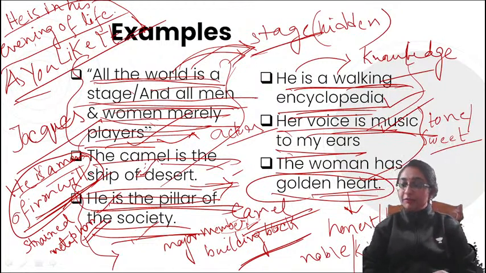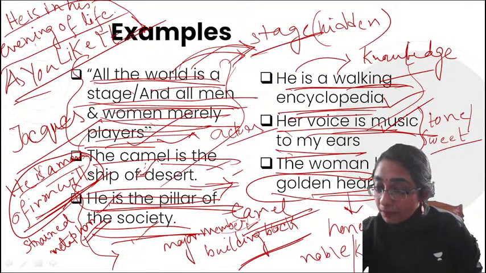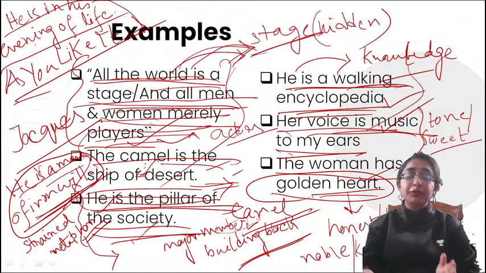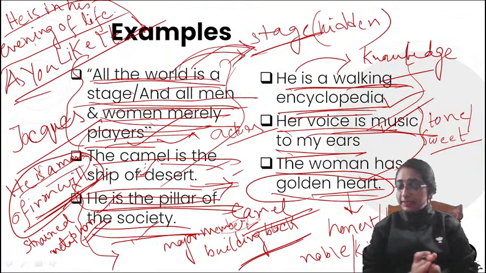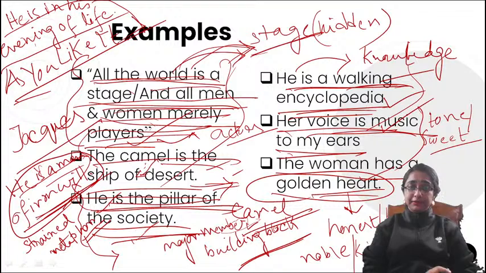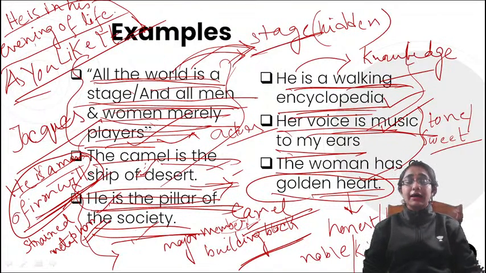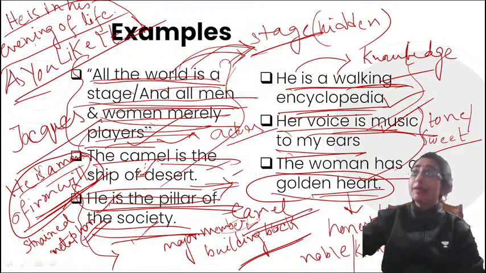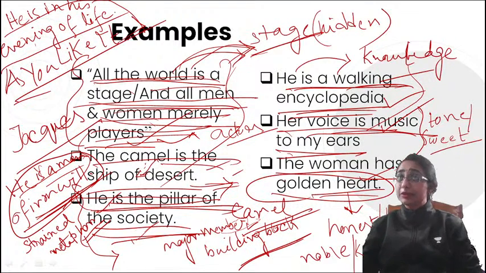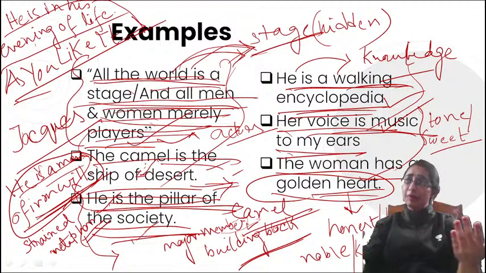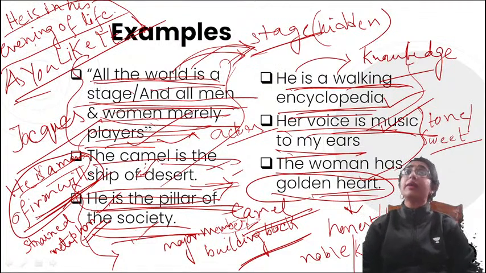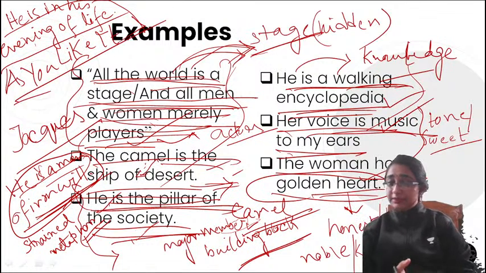A strained metaphor means when the comparison between the two objects is very far-fetched. When the comparison is far-fetched, in that case we call it a strained metaphor. That means the comparison is strained. I am just telling you about strained metaphor.